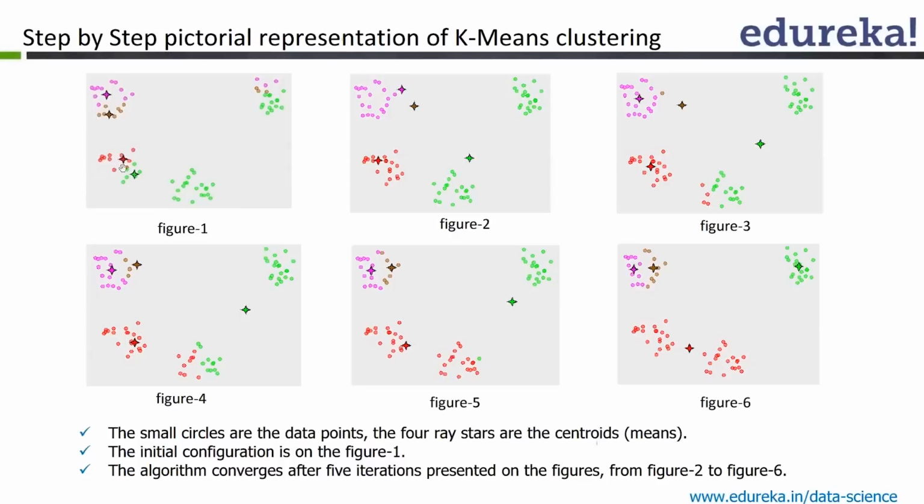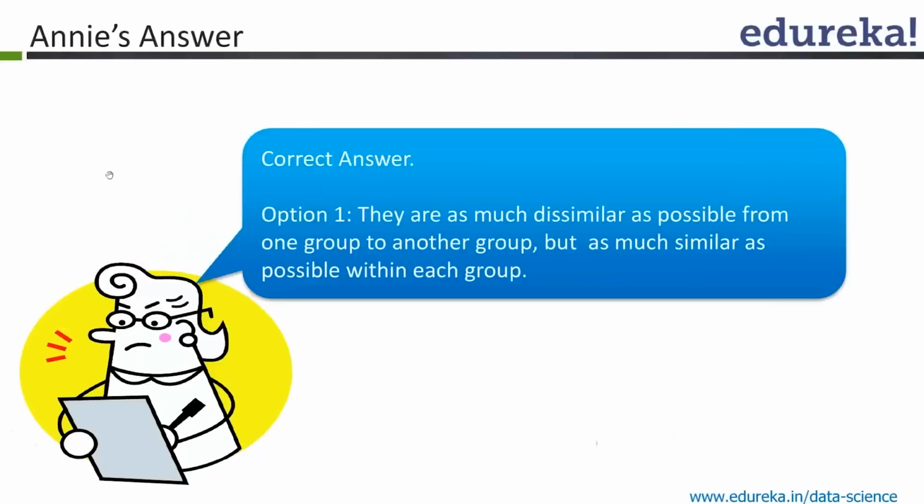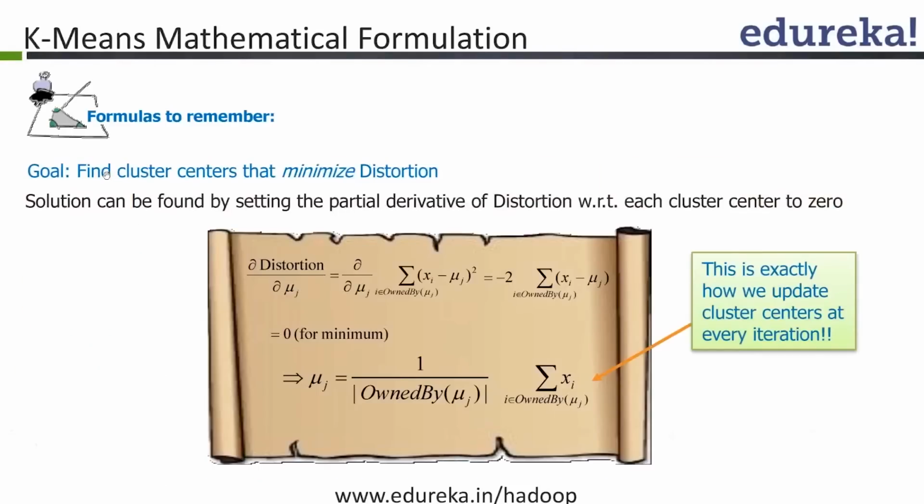Similarly, owned by of the red star is the set of all points that belong to that cluster, which is exactly the set of all red points. And you update your clusters by taking the mean, because by taking the mean you get minimal distortion. That's why that update rule is applied after every iteration.